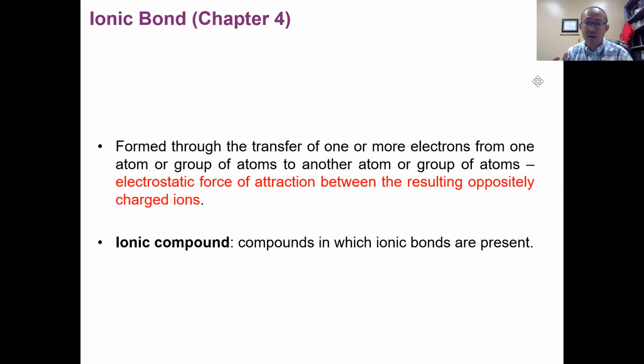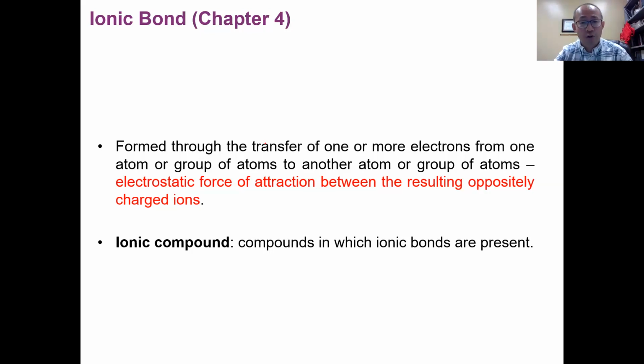Because of that, the bonding in chapter 4 is called ionic bonding, and compounds from ionic bonding are called ionic compounds. That's what we're studying in chapter 4.